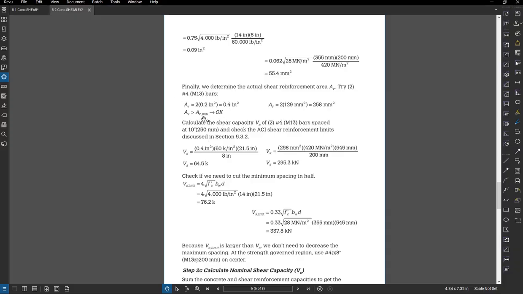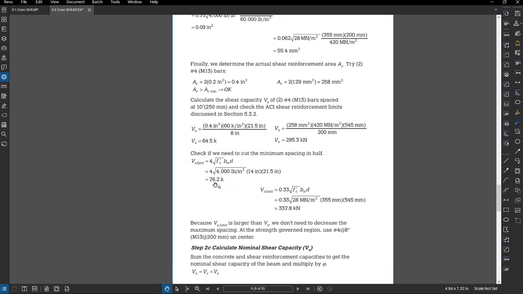It's greater than our minimum, and then we plug that into our steel shear strength equation. We get roughly 65 kips. We can't go over 76. I guess there's a limit if we have to cut the spacing in half, and that's at 76, so we're okay there.